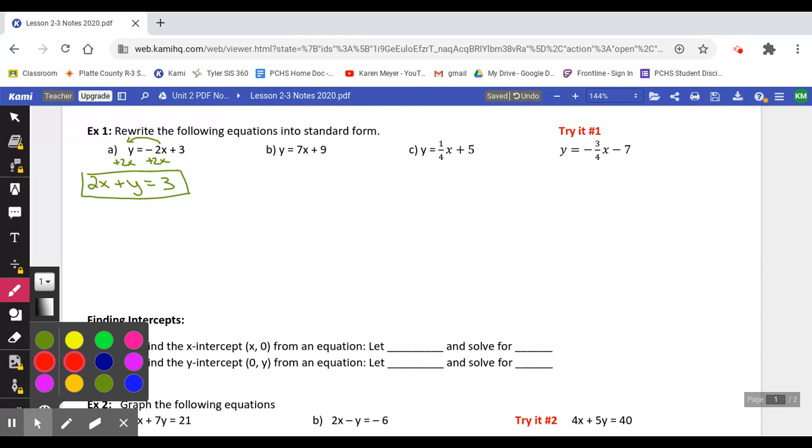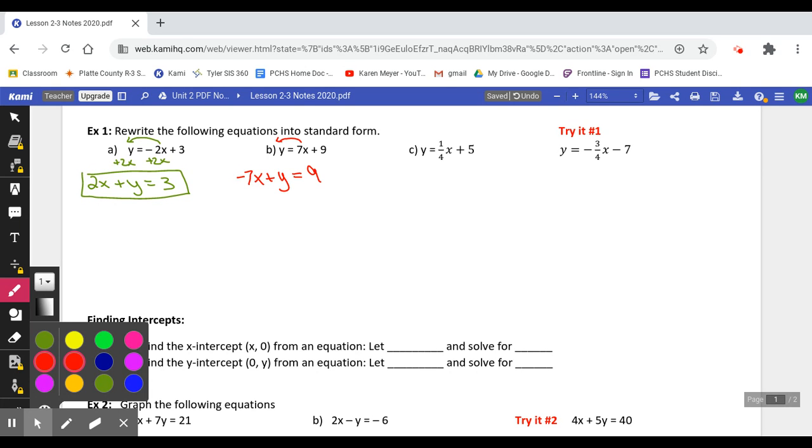So let's look at the second one. Start by moving the 7x over. And when I move the 7x over, it has to go from positive to negative. So minus 7x plus y equals 9. So x and y are on the same side and constants on the other. Check. No fractions or decimals. Check. But hold on.